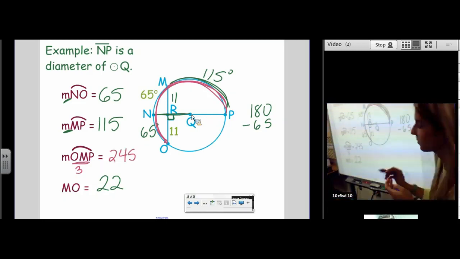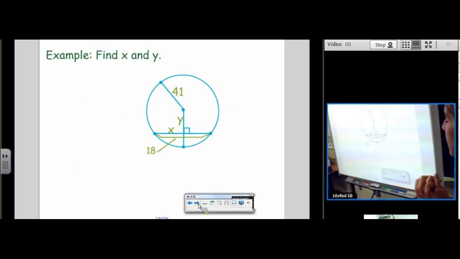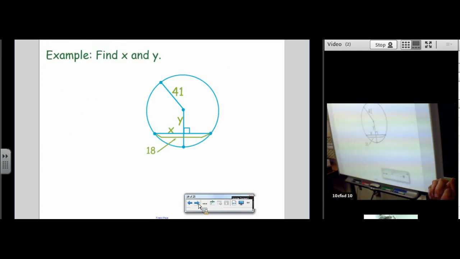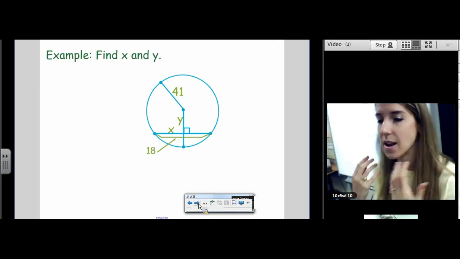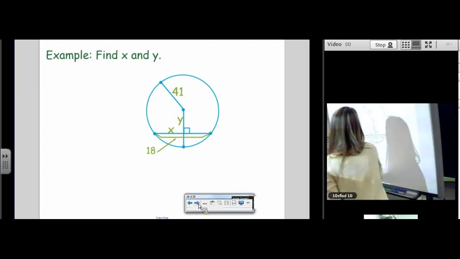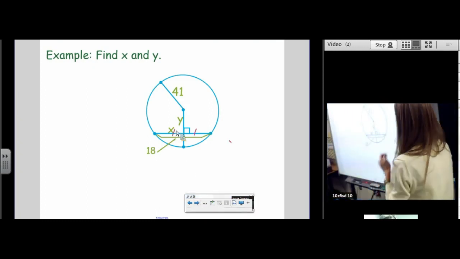Keep going. Good job. Find X and Y. So first of all, we can find X very easily. We know when a radius is perpendicular to a chord that it bisects the chord. So we can do this one very easily. So X is 9.